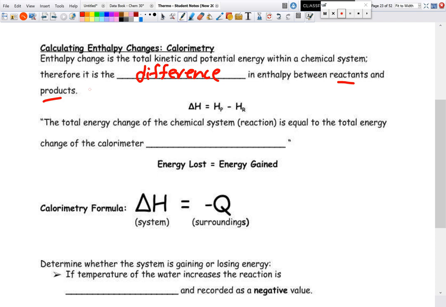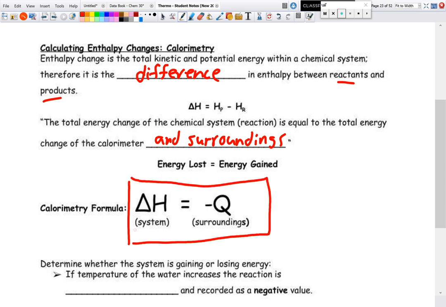Now, using our second and first laws of thermodynamics, we know that the total energy change of a chemical system is going to equal the total energy change of the calorimeter and surroundings, or just the surroundings. So that means that energy lost by one is going to equal the energy gained, or our formula, delta H is equal to negative Q.